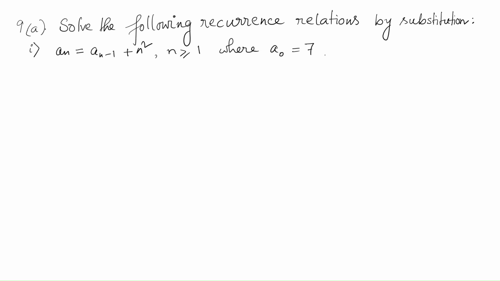Question 9A1. Solve the following recurrence relations by substitution. a n equal a n minus 1 plus n square, n greater than or equal to 1, where a naught equals 7. a n equal a n minus 1 plus n square.